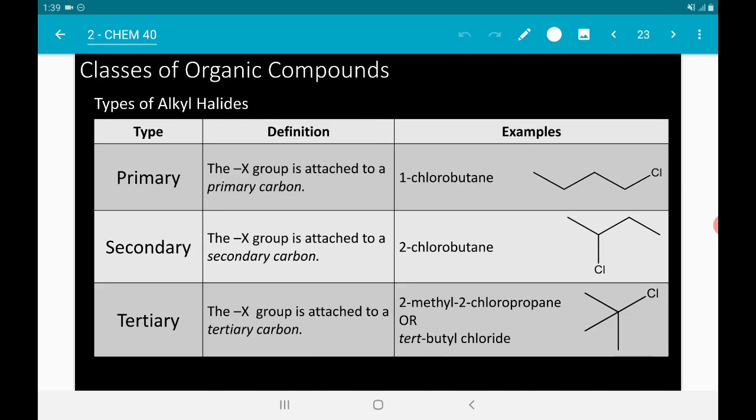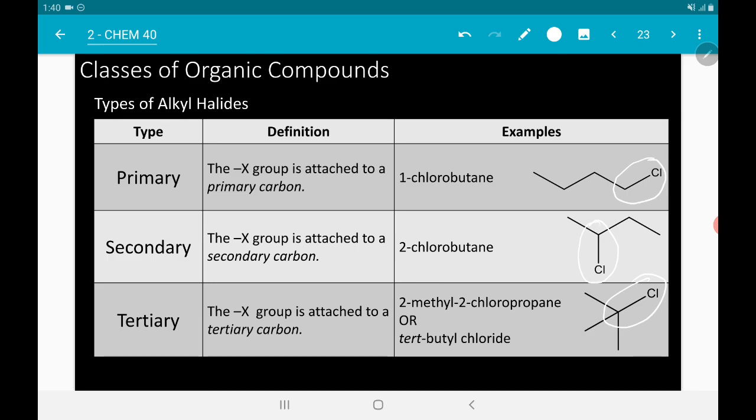Okay? So, there are types of alkyl halides as there are types of alcohols. So, meron tayong primary alkyl halide. So, if your alkyl halide is attached to the primary carbon, that's a primary alkyl halide. So, kapag sa secondary carbon siya naka-attach, that's a secondary alkyl halide. Tapos, tertiary alkyl halide kapag sa tertiary carbon.